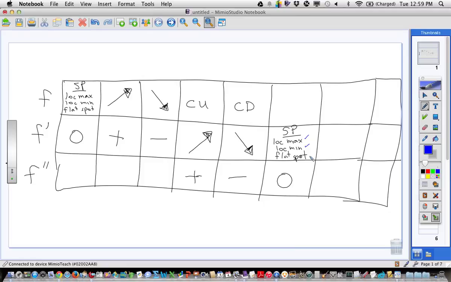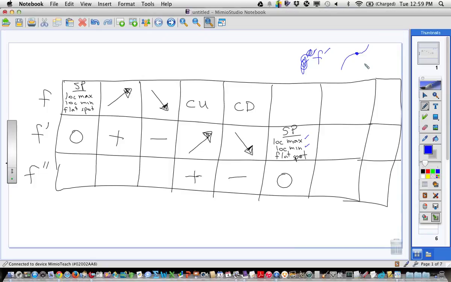The problem is, what if we had a flat spot on F prime? What if I had F prime here that did that? Well, what would F double prime be right there? 0, right? If this is an F prime picture right here, F double prime would be the slope of that, and that would be 0.